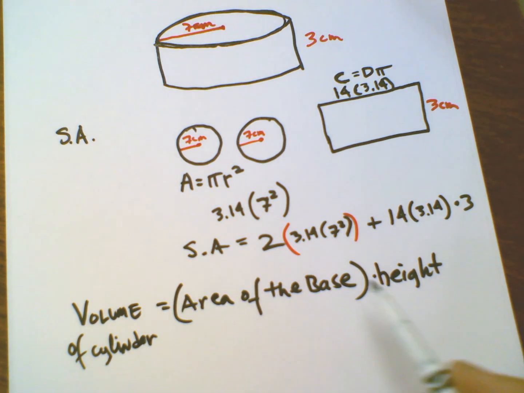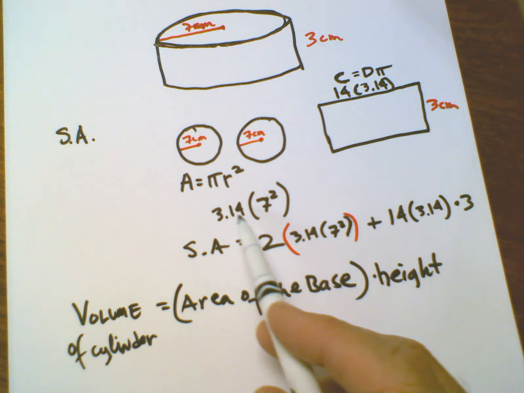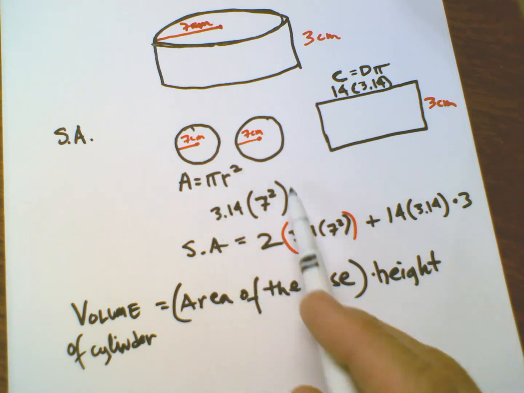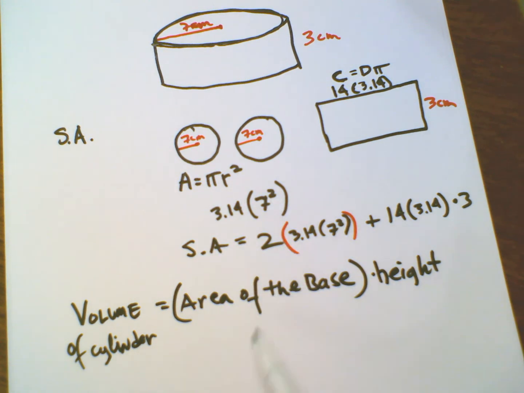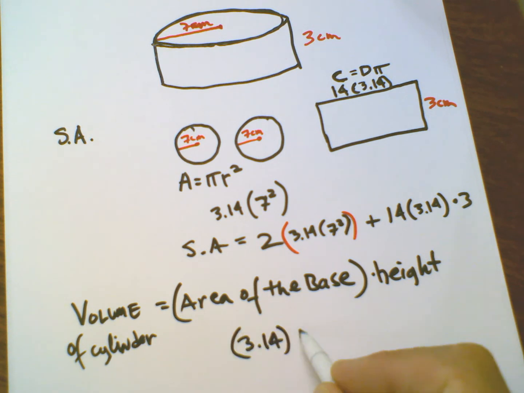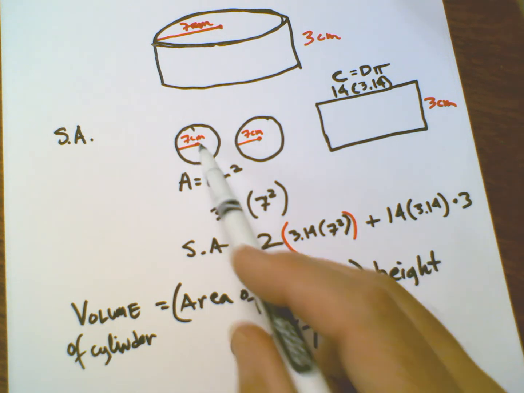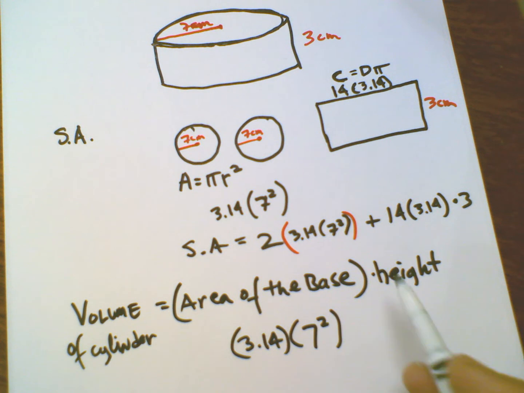In this case, I think you can go from there, right? We knew the area of one of these bases. We just figured it out in order to do the surface area. The area of one of these bases is going to be 3.14 times 7 squared, because the area is pi r squared for a circle.